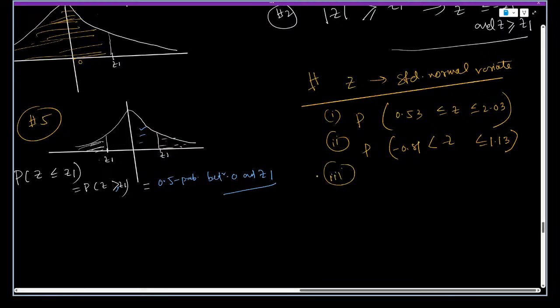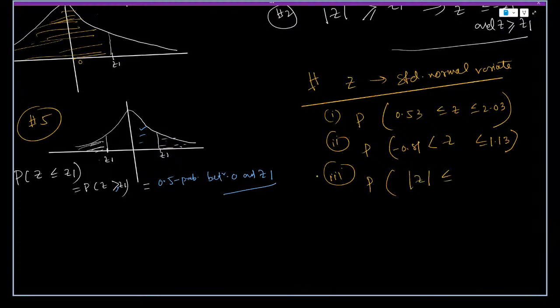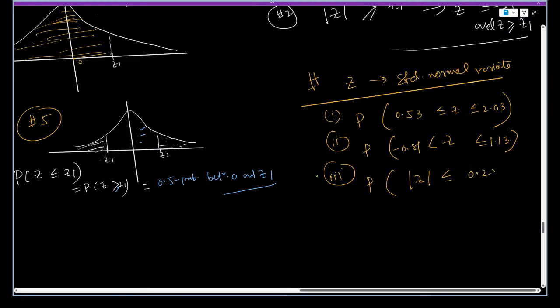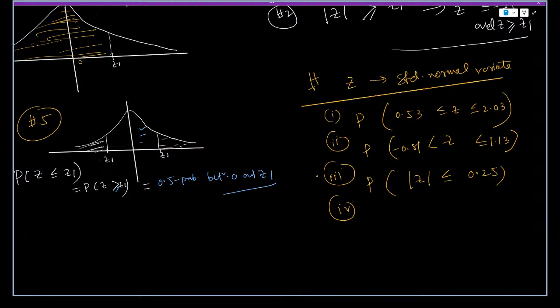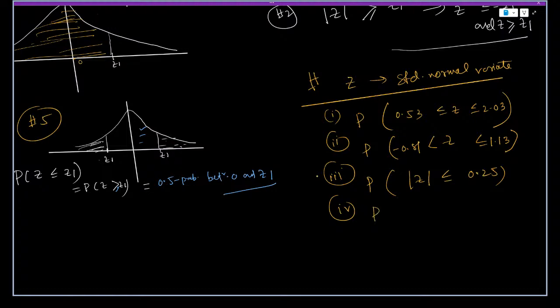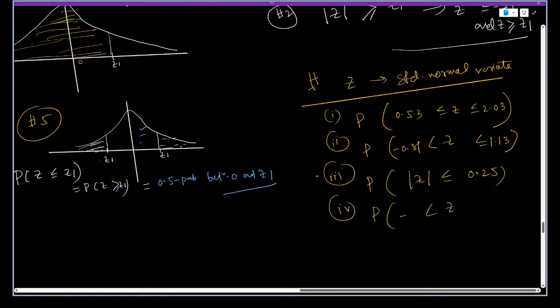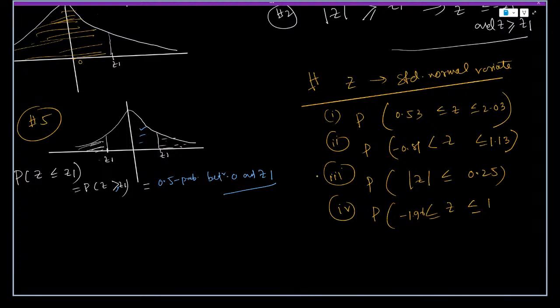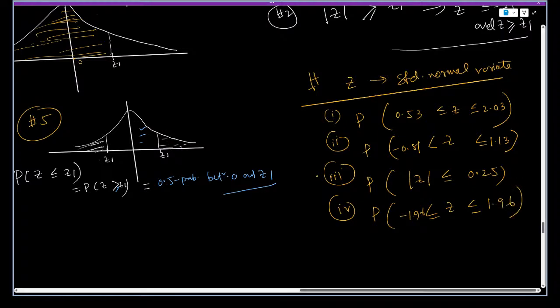Then suppose we want to find P(|Z| ≤ 0.25) using the table only, and P(1 ≤ |Z| ≤ 1.96).